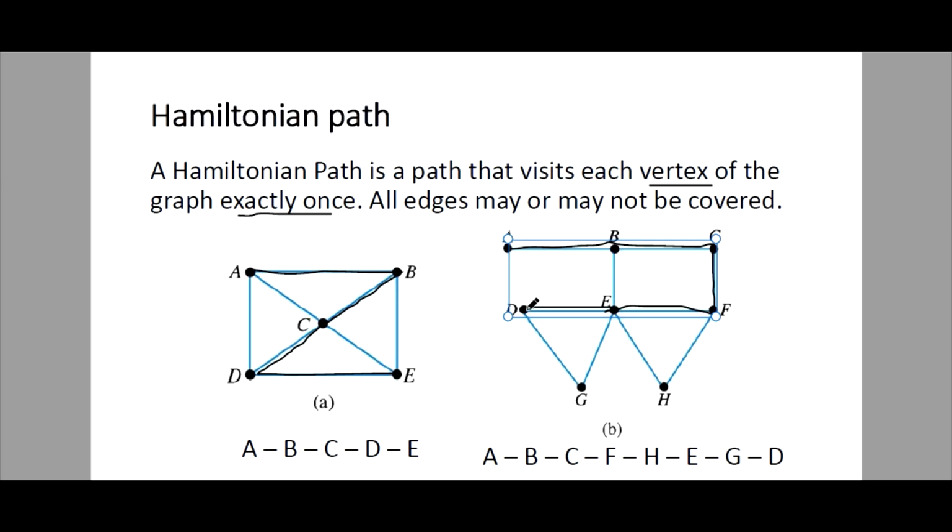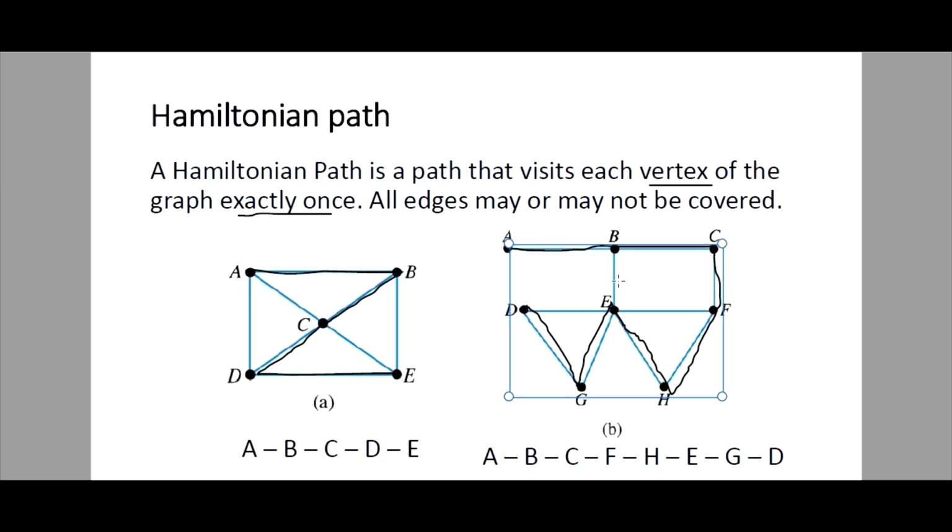You go to D or you go to G, but of course you cannot go back to E because we must only visit each vertex once. If you go back to H, then of course you cannot cover D and G. So in this case, we can have A to B to C to F to H to E to G and last to D. You can have that one.